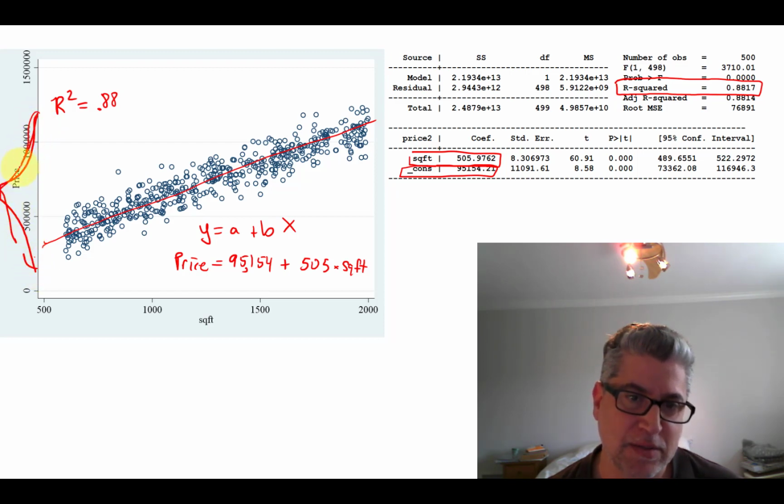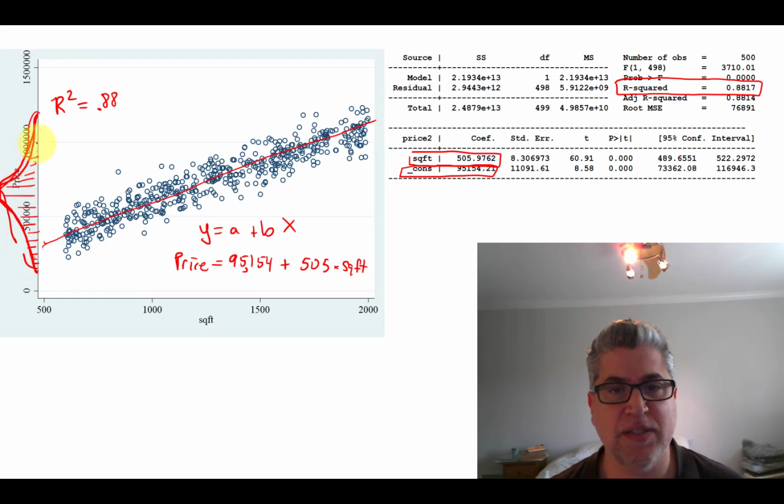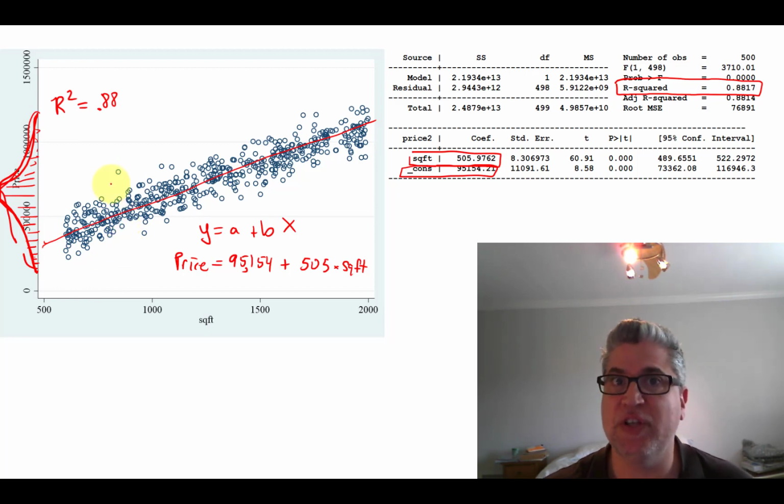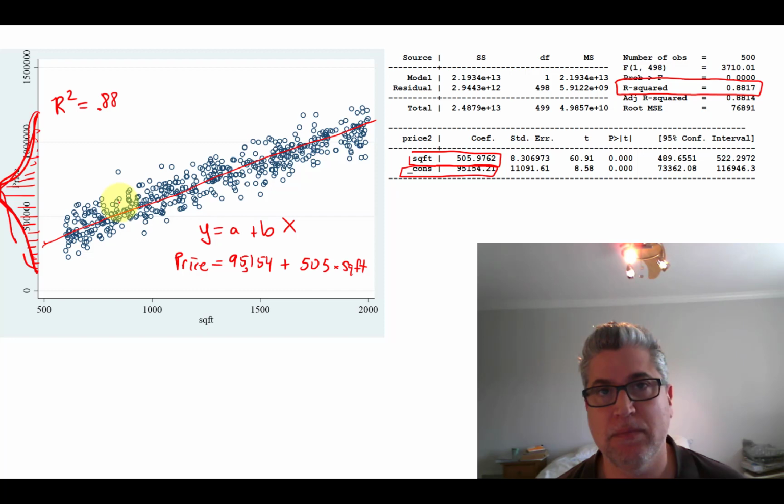So that histogram of house prices, all that variation there, we were able to mimic 88% of that. Just knowing the square footage lets us, roughly speaking, predict 88% of the variation. That's a rough way of thinking of it.